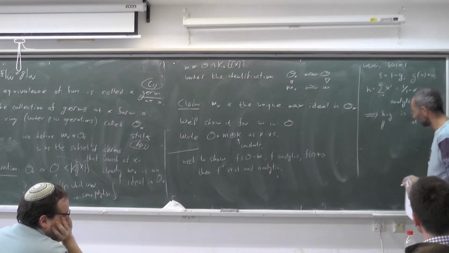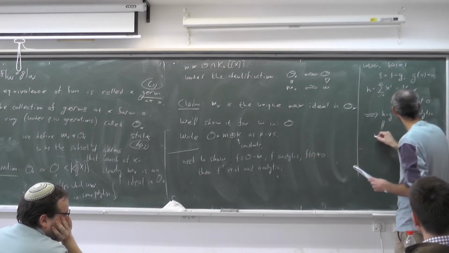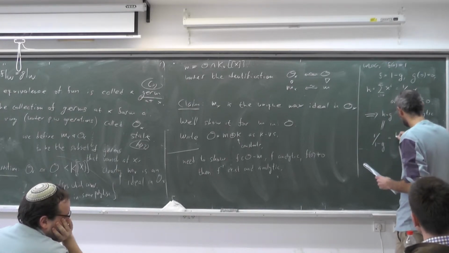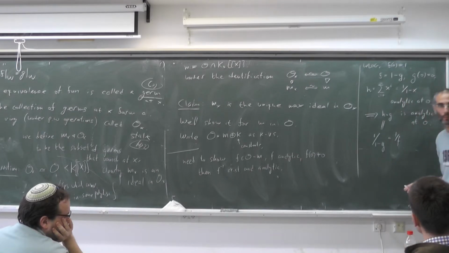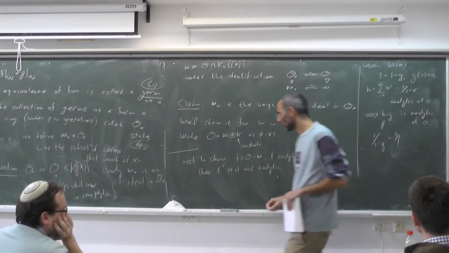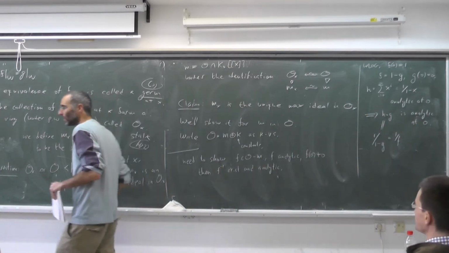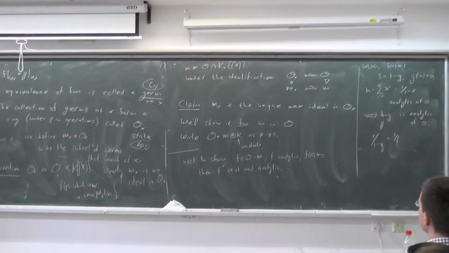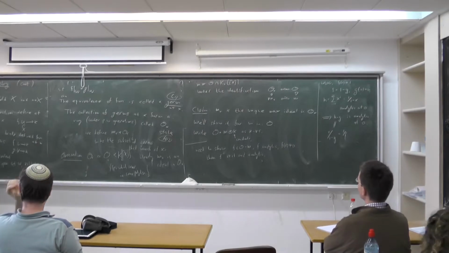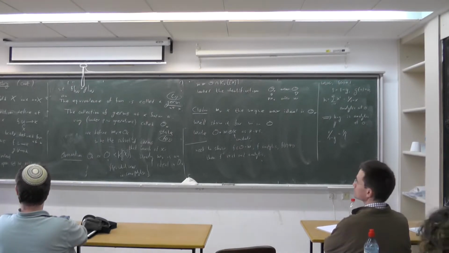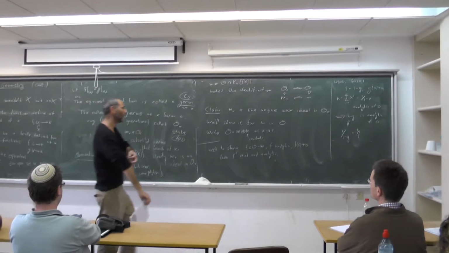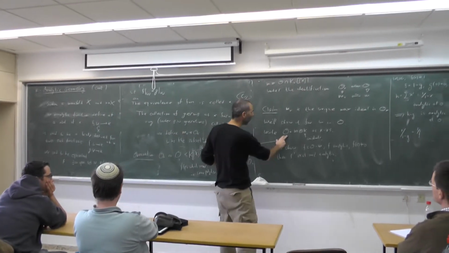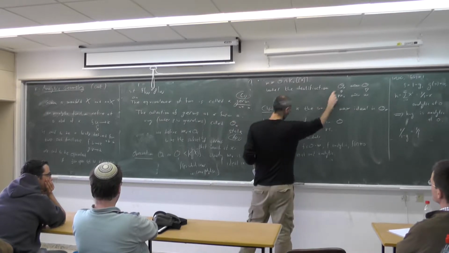But what is this? This is 1 over 1 minus g, which is 1 over f. So every element which is not in my ideal is invertible, and I proved that this ideal is a unique maximal ideal for O, and the same goes for all of these.